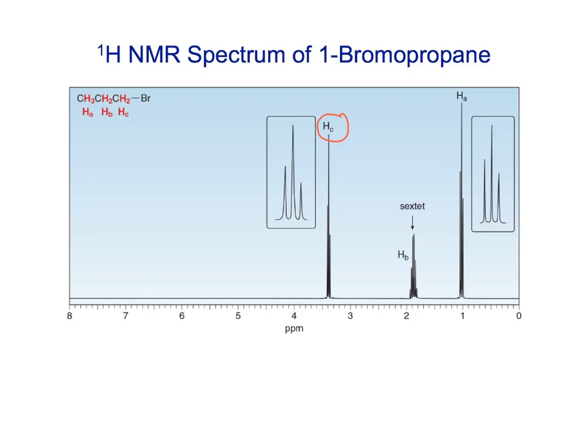Bromine's pulling electron density away from it, de-shielding it. On the upfield side is the methyl group, and we can see from this expansion that it's a triplet, just like we expected. HC is also a triplet. And all they give us here is that HB in the middle is observed as a sextet, just like we drew on the last slide.